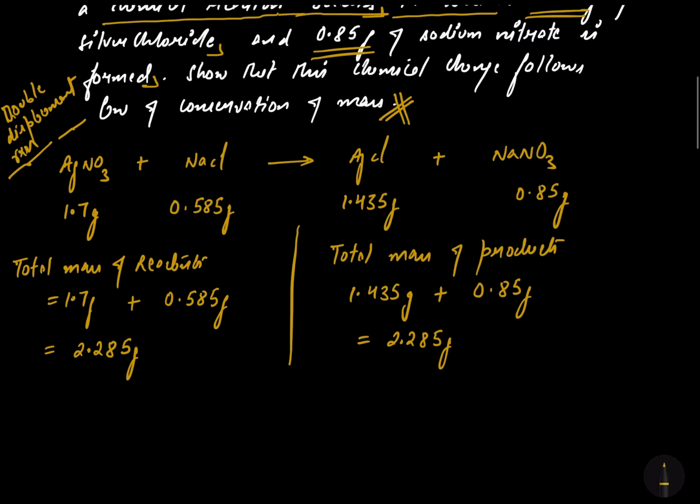As we are getting equal masses of the total reactants and the total products, we are getting equal masses of the reactants and the products on both sides. So it proves that the law of conservation of mass is obeyed in this reaction.